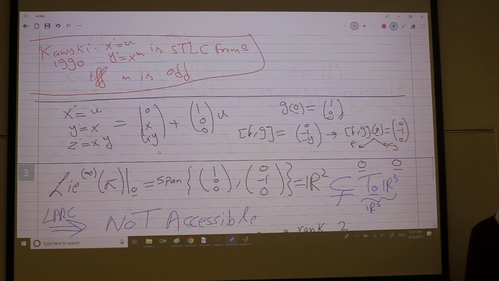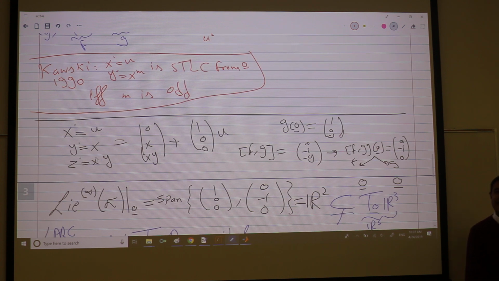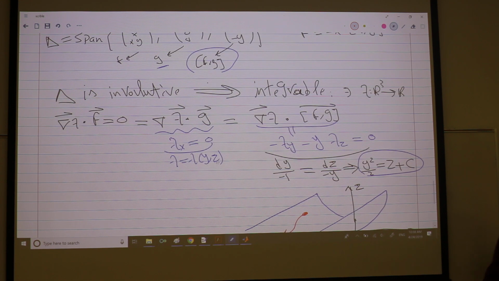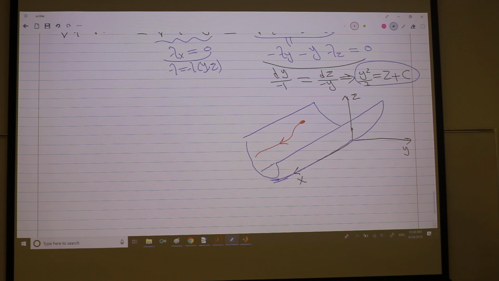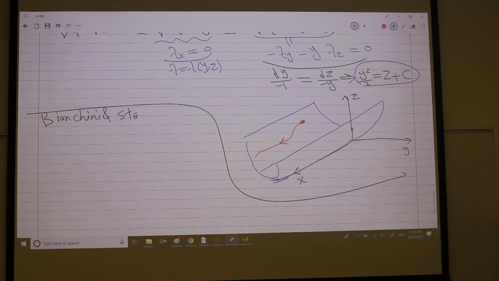So don't rely on your intuition. Why? Because it seemed at the beginning that there is no major problem, but when you compute things and use our tools, you realize that it's not so. And I will do it the other way around. Again, don't rely on your intuition, because here is a Bianchini and Stefani example (1990). So we have x dot is u, y dot is x.